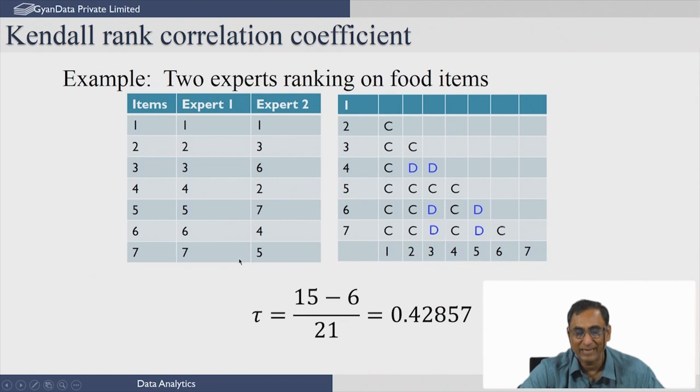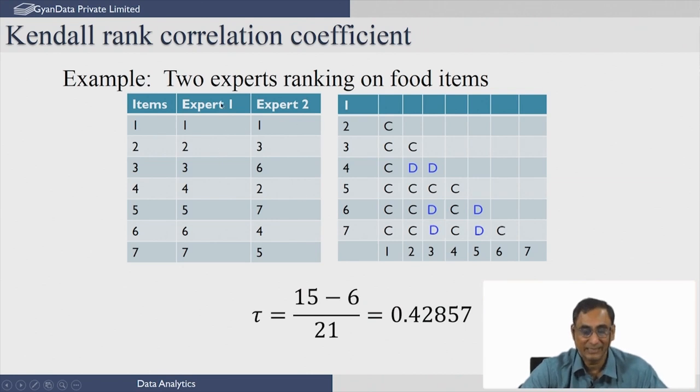So, between every pair, n into n minus 1 by 2 pairs you will get, and we have classified all of these pairs as either concordant or discordant, and we find there are 6 discordant pairs and 15 concordant pairs, and we can compute the Kendall's tau coefficient. If this is high, then there is broad agreement between the two experts.